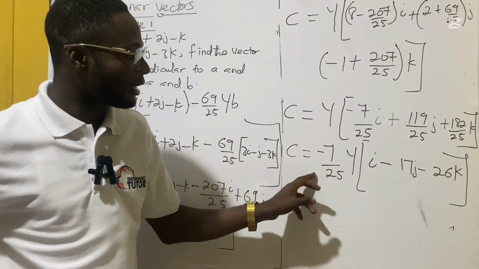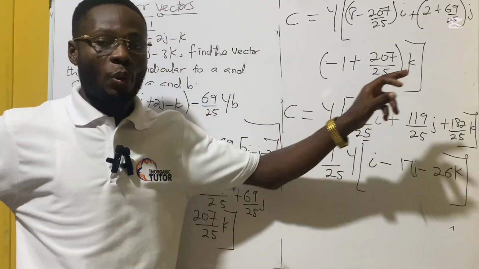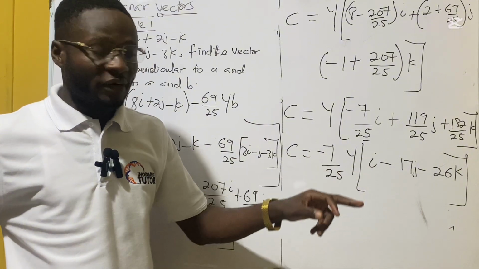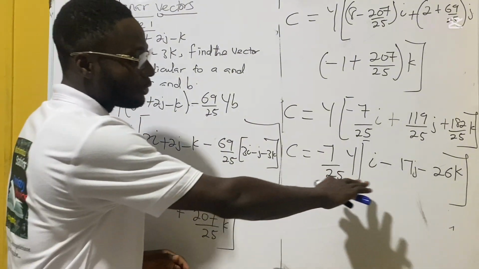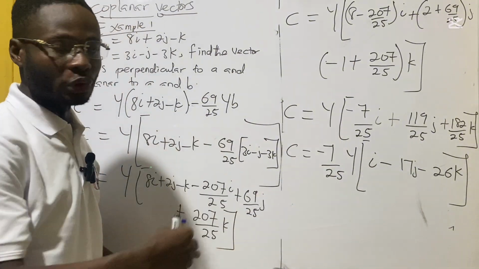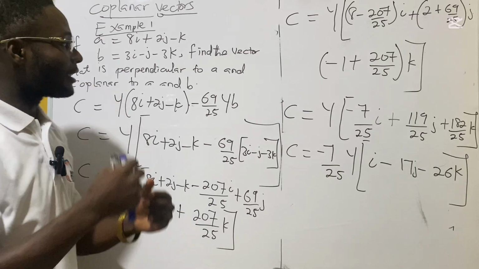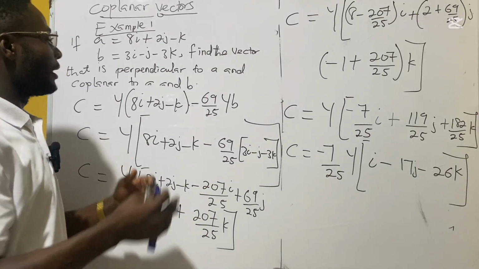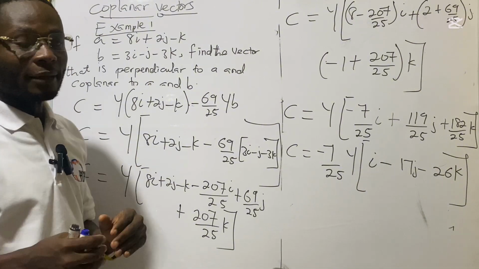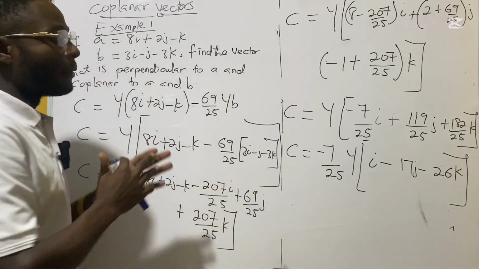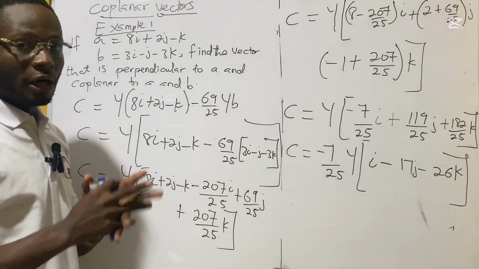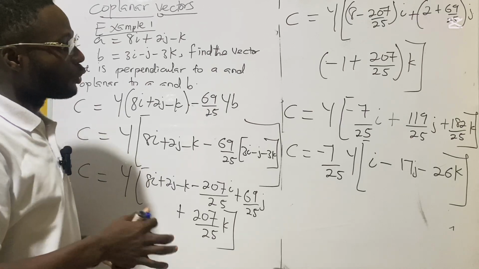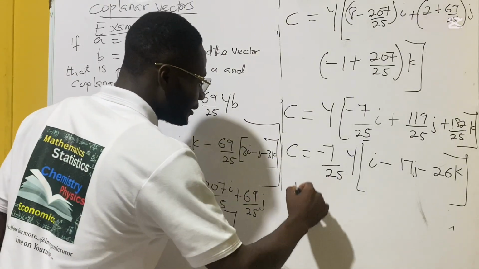So when it comes back, you have your positive 182 over 25. So, ladies and gentlemen, this is the process that you go through to find a vector that is perpendicular to A and coplanar to A and B when you are given two position vectors.